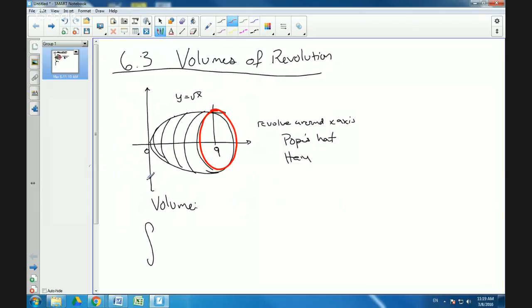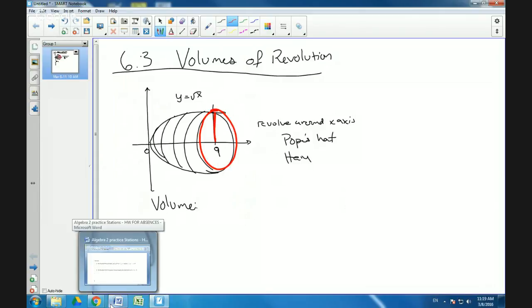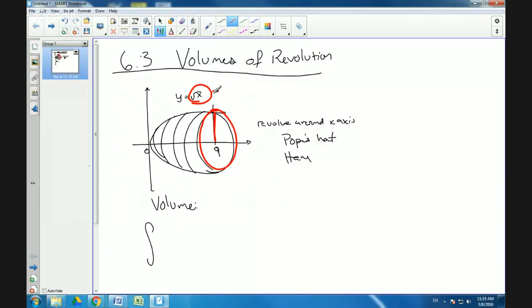What's the radius of that circle? This spot is 9, but in general, it's r. So the volume from 0 to 9 of pi r squared.